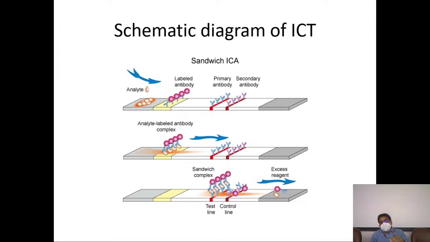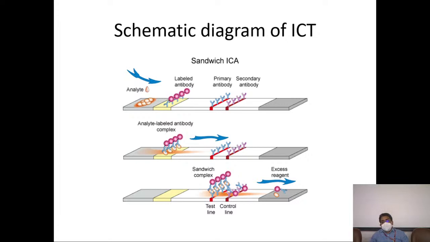Then the primary antibody will combine with the analyte. So if it is there they will form a sandwich, that is colloidal gold antibody, analyte and the primary antibody. So this will give a color if it is there.